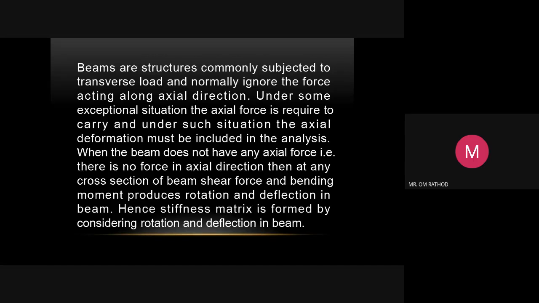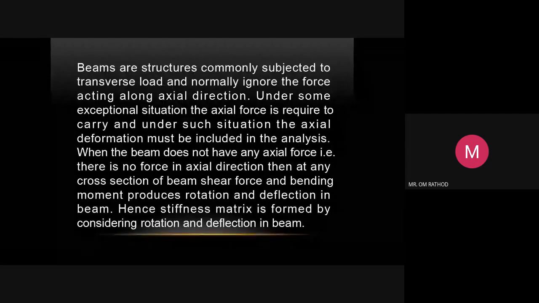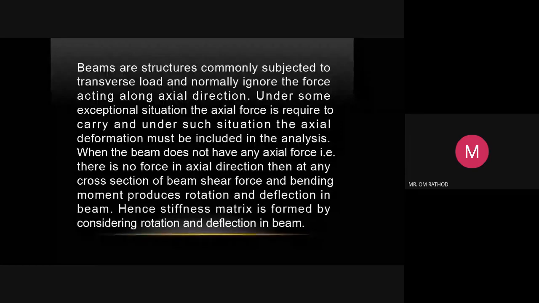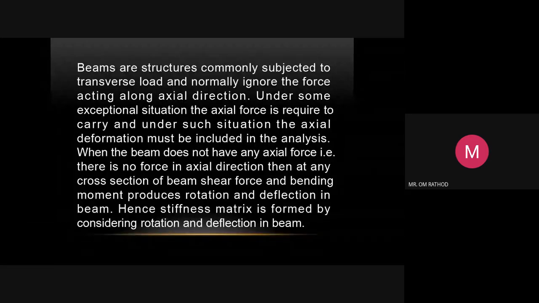Then what is the remaining displacement there? There will be the transverse displacement or the translation displacement along y direction and the rotational displacement. In case of beam, there will be the shear force as well as the bending moment, which will produce the rotation and the deflection in the beam.